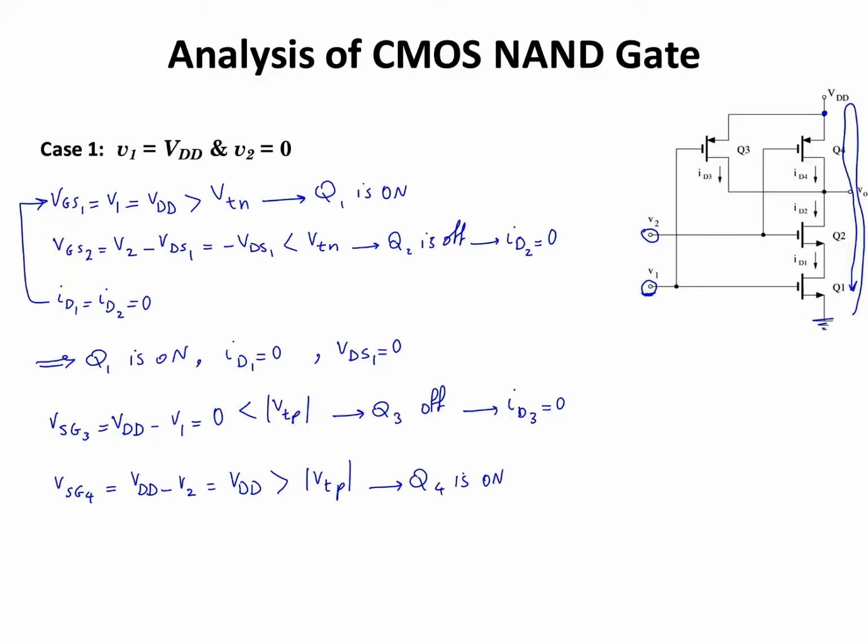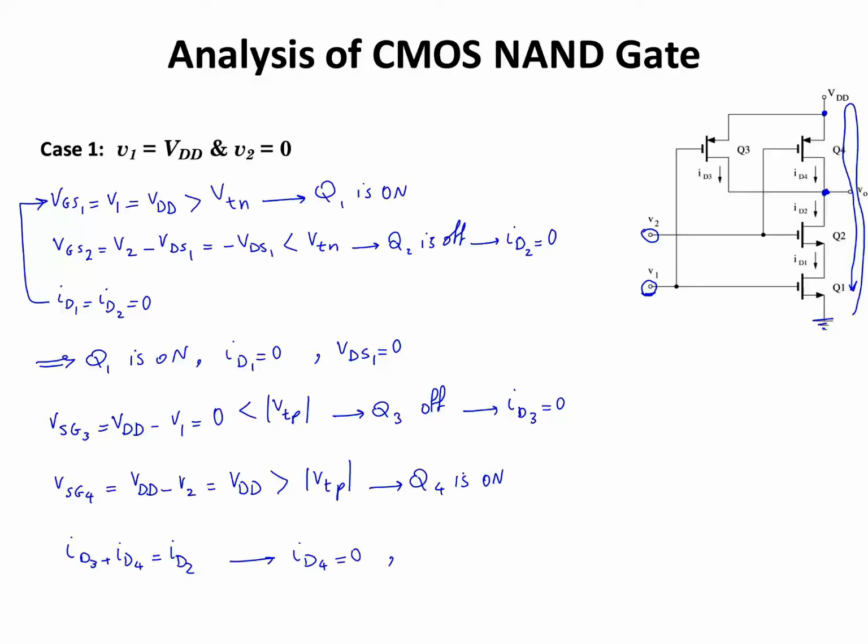Now I need to check the state of Q4, and I need to take a look at the current ID4. I'm looking at the KCL that we wrote for the output node, and I know that ID3 plus ID4 is equal to ID2. Since ID3 and ID2 are equal to 0, ID4 is also going to be equal to 0. So transistor 4 is on with drain current equal to 0.